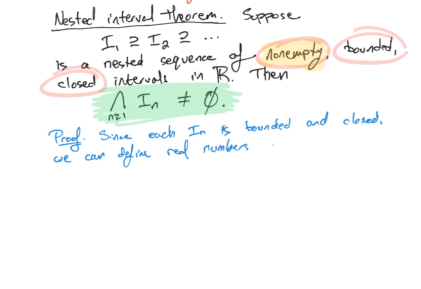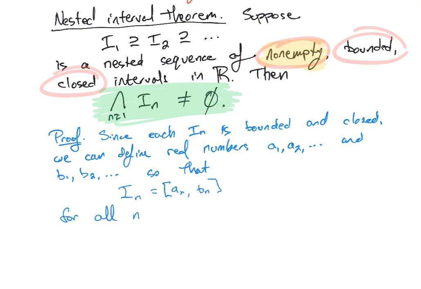We'll call the lower bounds A's, and we'll call the upper bounds B's, so that the intervals are the closed intervals from A_n to B_n. Okay. Let's draw a picture. Okay.